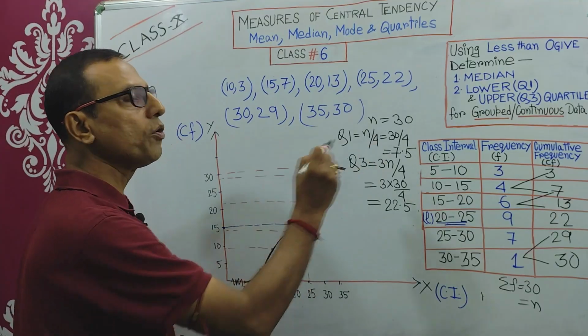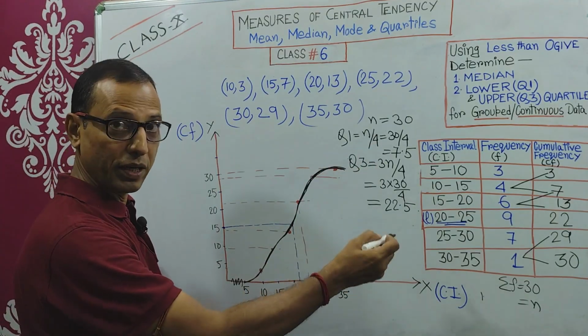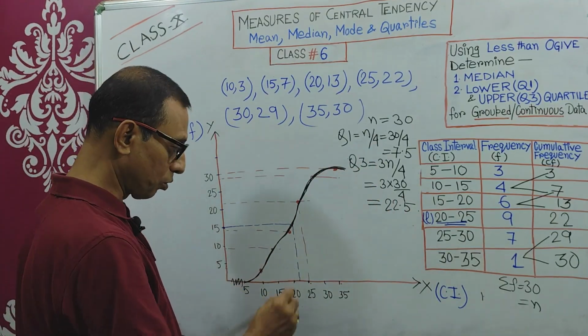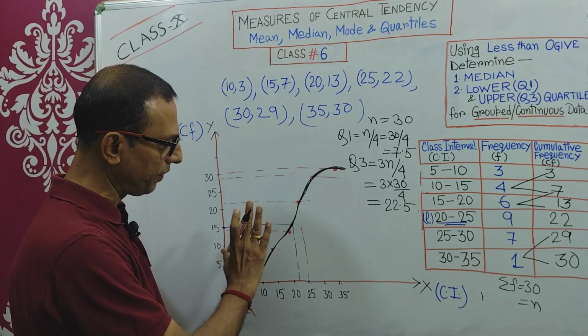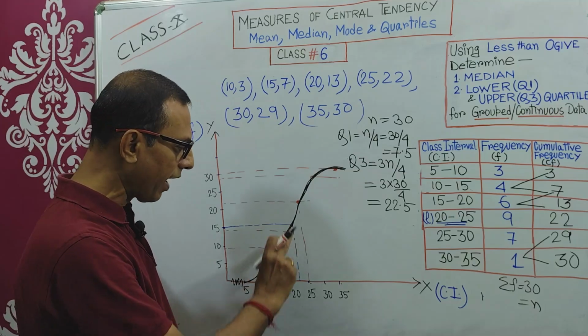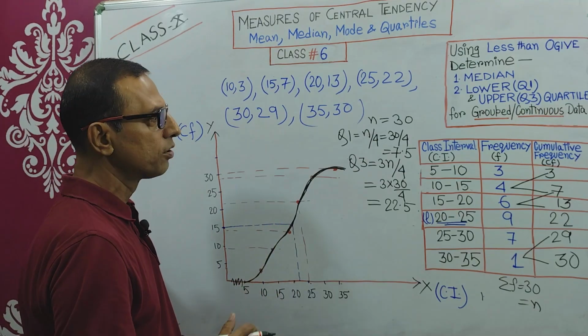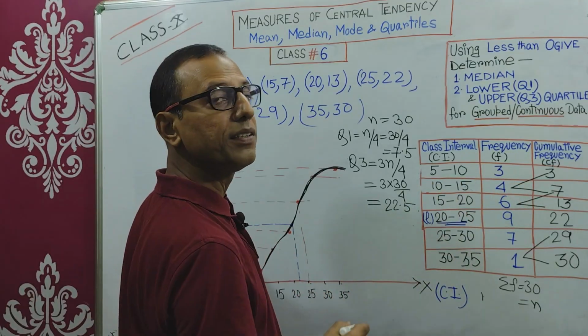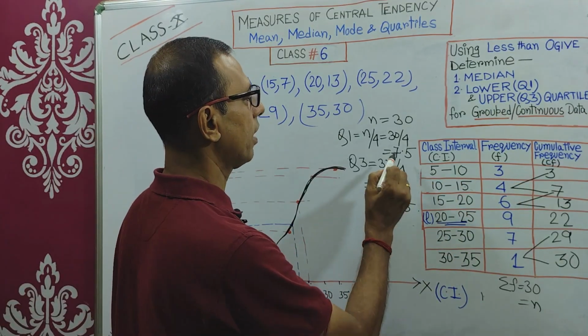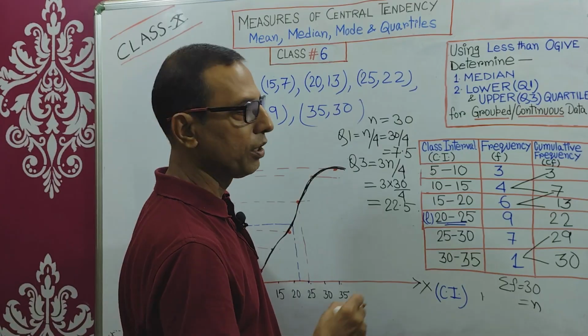So now for Q1, like the way we found the median class, you identify which class interval Q1 belongs to.